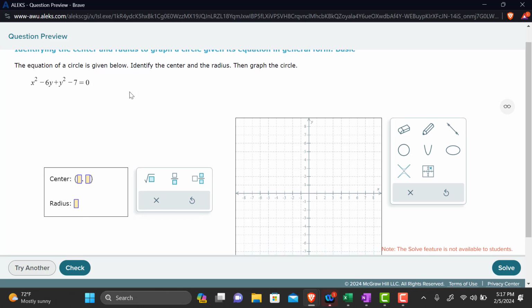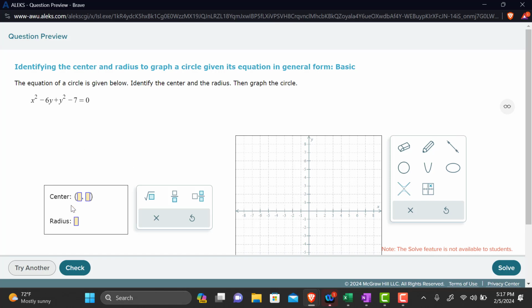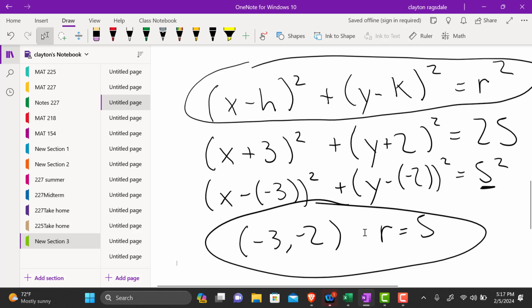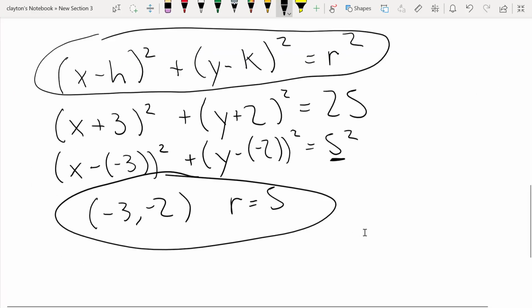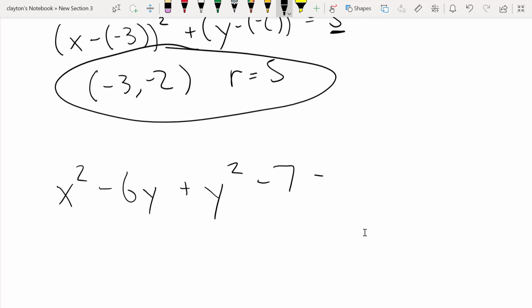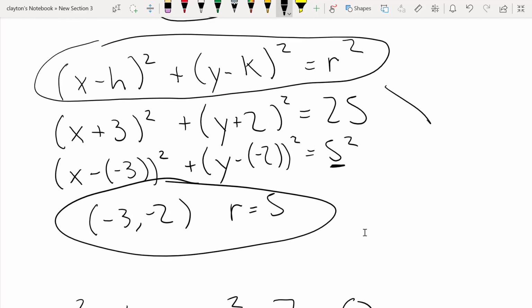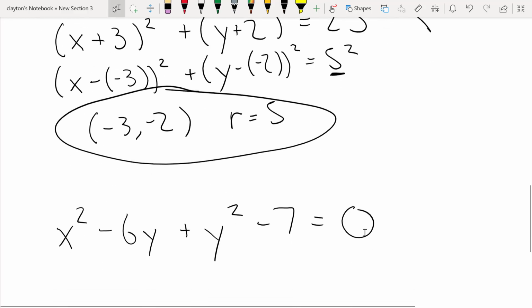So we want to get this into the circle equation we just looked at, so we can enter the center and the radius. We have x squared minus 6y plus y squared minus 7 is equal to 0. And my goal here is to get it to look like our equation of our circle.